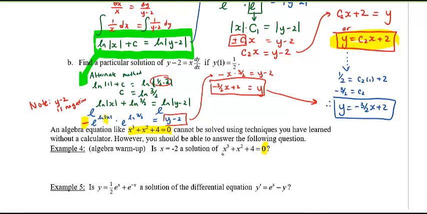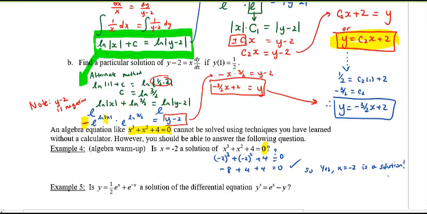Negative 2 to the power of 3 plus negative 2 squared plus 4. That is negative 8 plus 4 plus 4. Oh, look at that. Does this equal 0? It does. So therefore, yes, x equals negative 2 must be a solution.